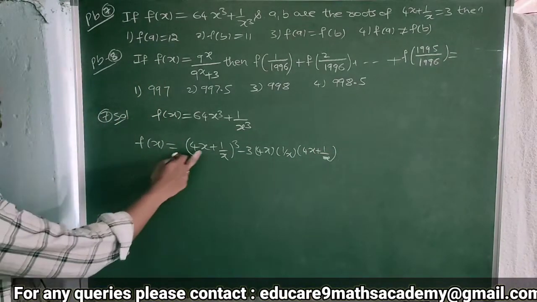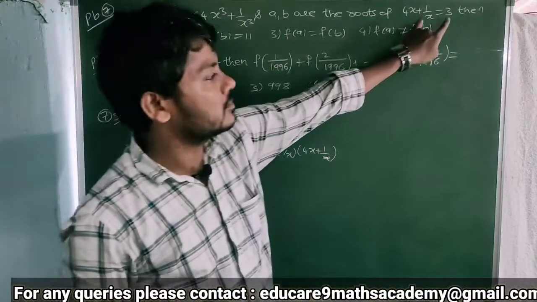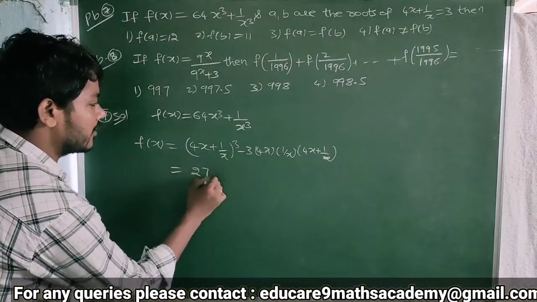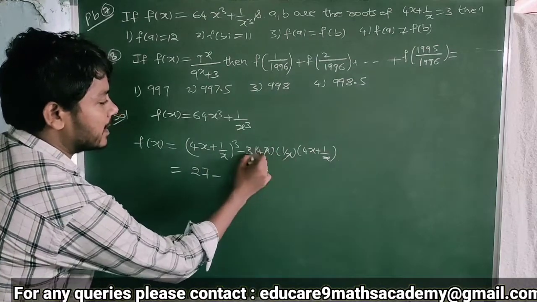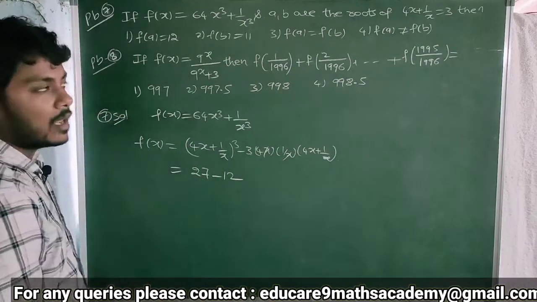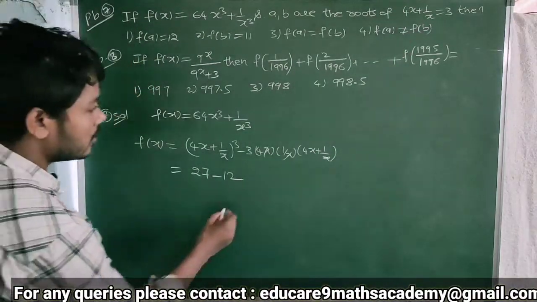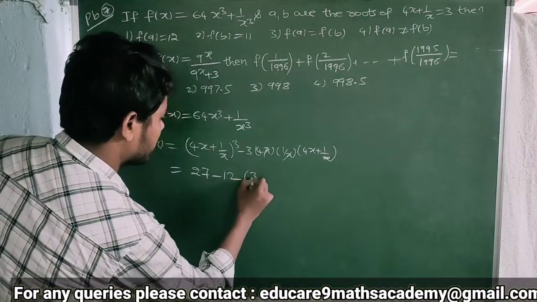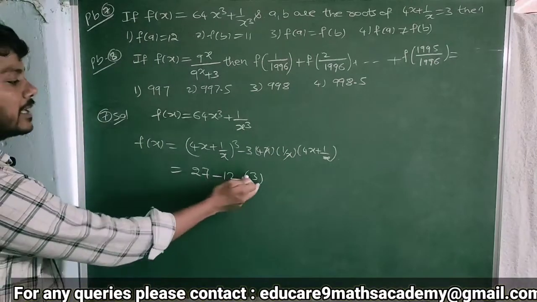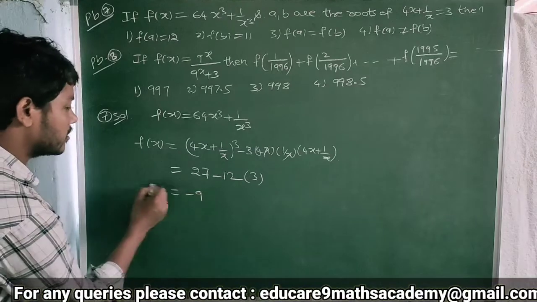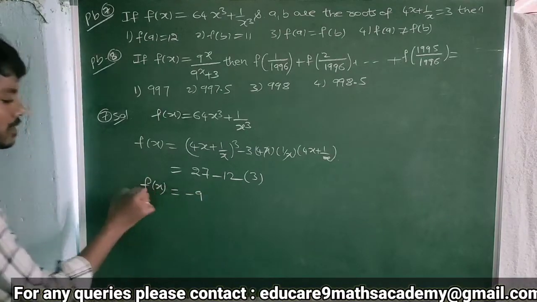So what is the 4x plus 1 by x value? 3 only, no? So that is 3 cube, 27, minus x gets cancelled, 3 4s are 12, and 4x plus 1 by x value is 3. So write here into 3. So 27 minus 36, you get minus 9. So which value is that? f of x.